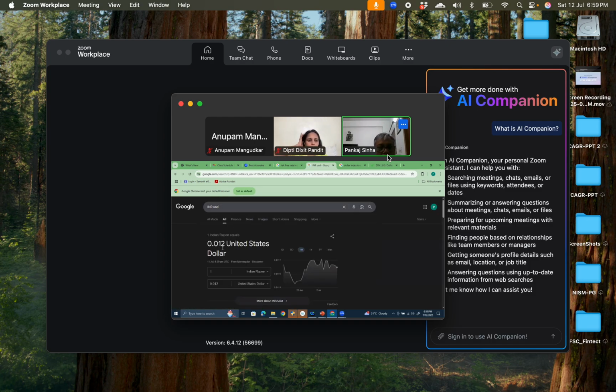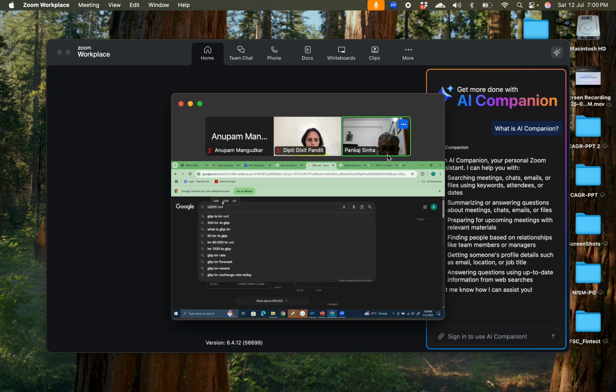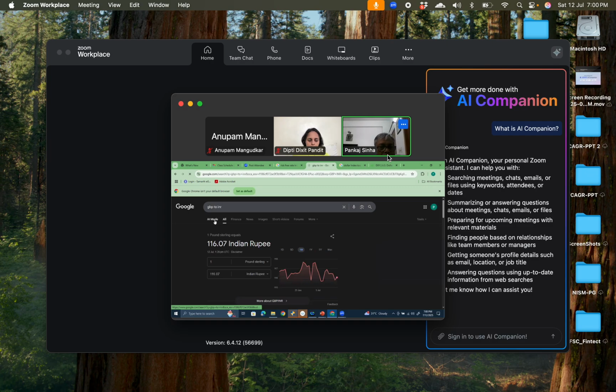So for 1 rupee, I will get 0.012 United States dollars. Similarly, if I put GBP to INR, GBP INR, then for 1 pound I have to pay 167 rupees.